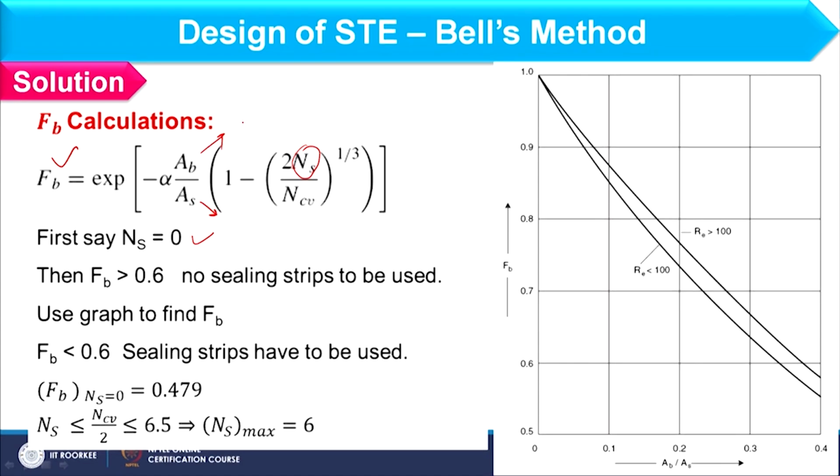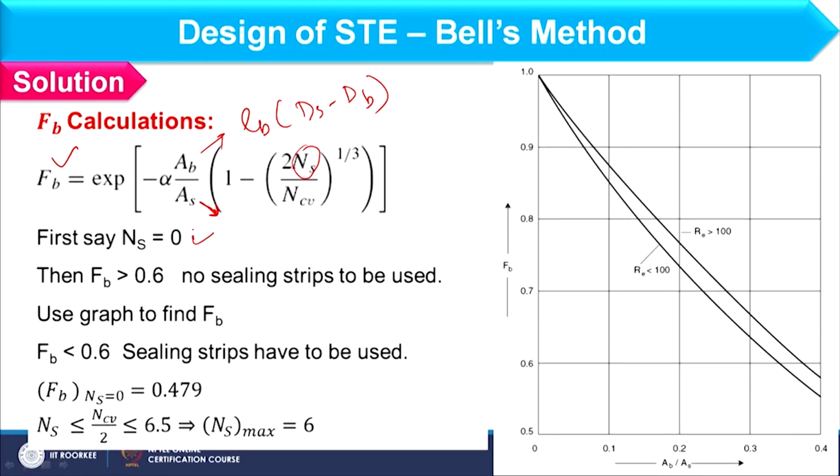AB is basically the baffle spacing into DS minus DB. All these values are known to you, so you can simply calculate AB. AS you have already calculated in the HOC calculations, and here I am having NS equal to 0. How can we find out whether sealing strips are required or not?